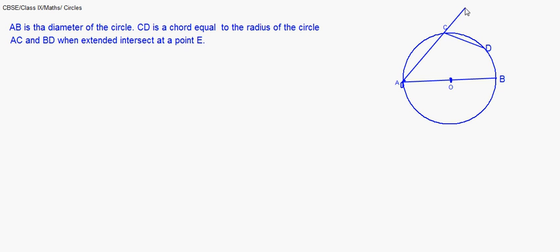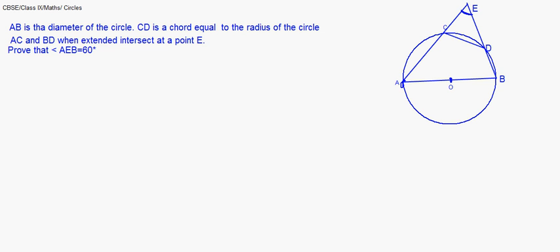This is AC extended, and let's see where BD, when extended, meets it. This is the point which is E. Now the next part says: prove that angle AEB will be equal to 60 degrees. We have to prove this angle to be 60 degrees.